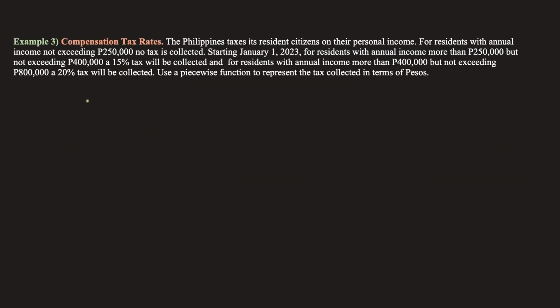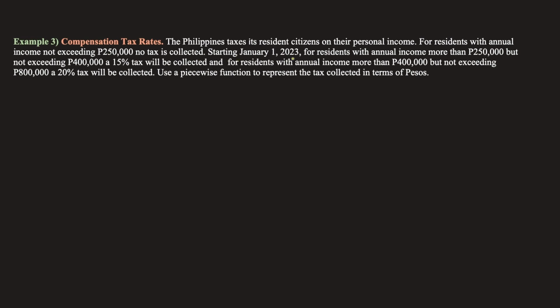Now, in this third and final example, we're going to look at compensation tax rates. The Philippines taxes its resident citizens on their personal income. For residents with annual income not exceeding 250,000 pesos, no tax is collected.